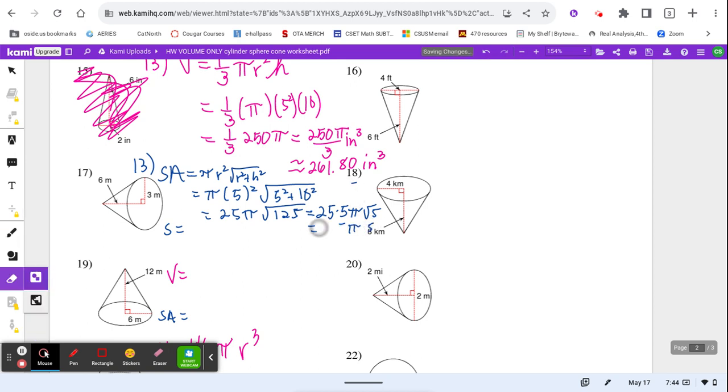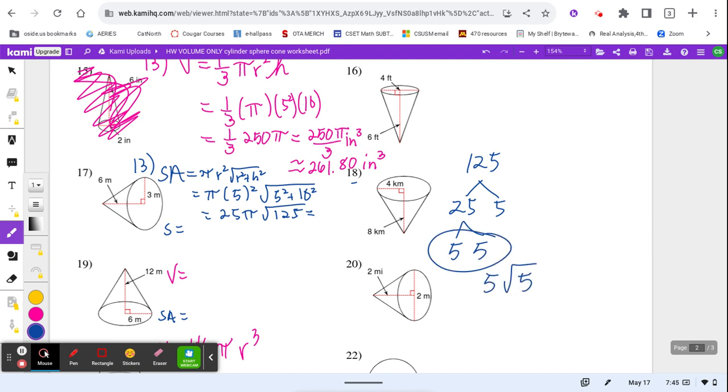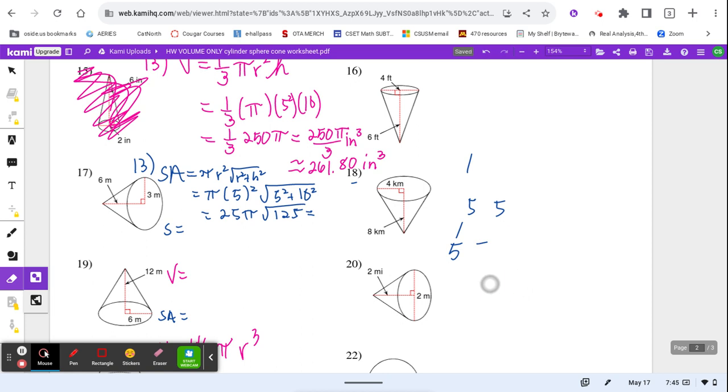Okay, I'm sort of getting squished here, so I feel like you're not going to be able to see what I'm doing, so hang on. 125. This is how I broke it down. So a pair of 5s, a 5 comes out, and a 5 stays in. So for the root 125, I'm taking out 5 root 5.